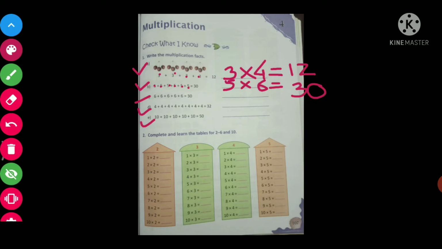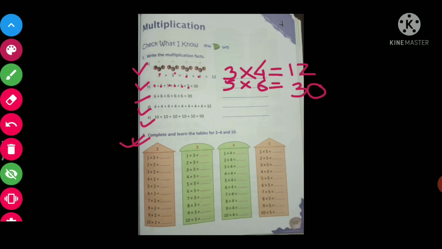Let's move to the second part. Here it is given: complete and learn the tables for 2, 6 and 10. In multiplication we should know the tables.